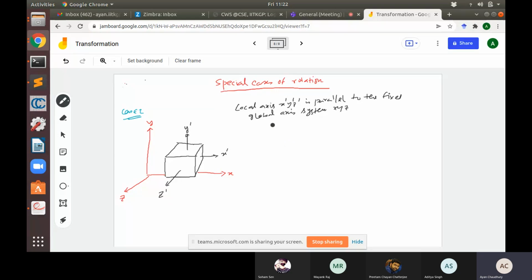So that means the coordinate system associated with this object is parallel to the global coordinate system.